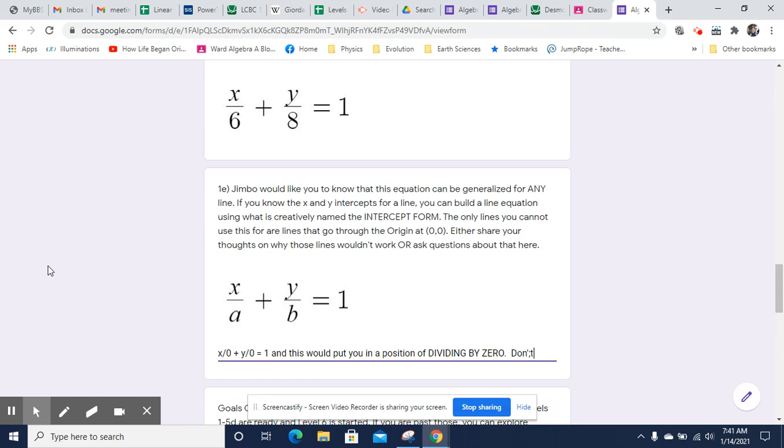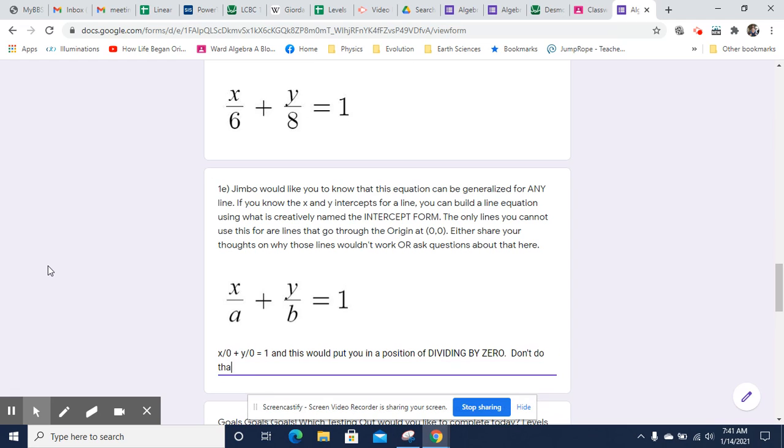Don't do that. It will break the universe. So don't divide by 0. There are certainly lines that go through the origin. Dividing by 0 is called undefined, and it means you can't pin down what the line is, because you can have lines pointing all kinds of directions, infinite slopes that go through the origin. So it just doesn't pin anything down.